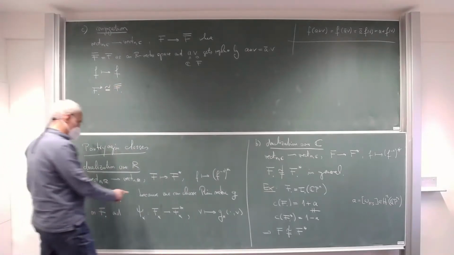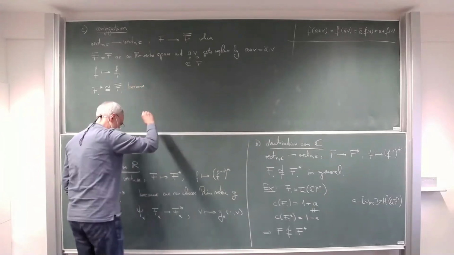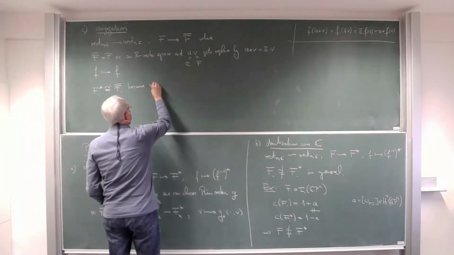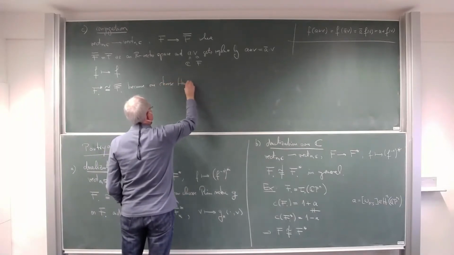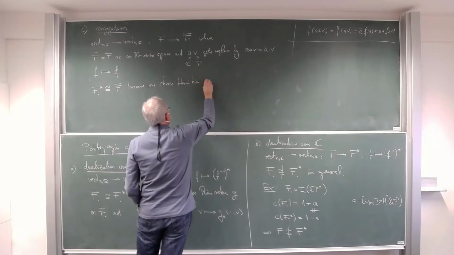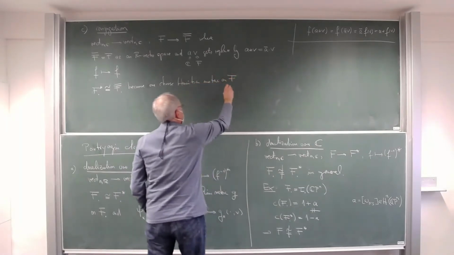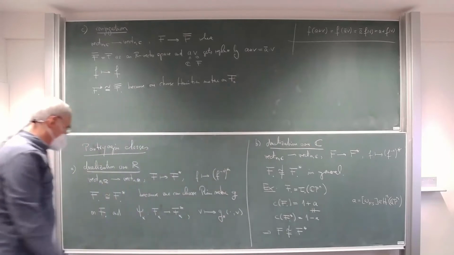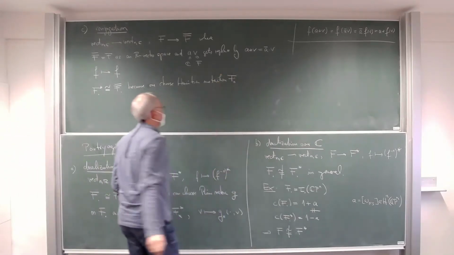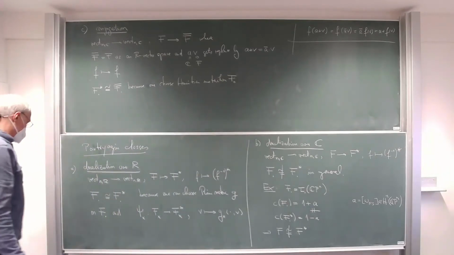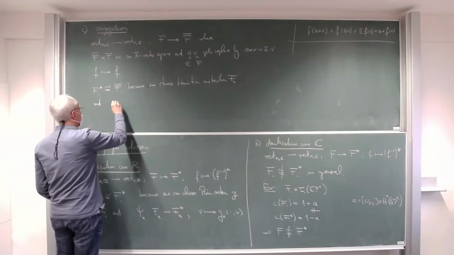And the argument is now similar as here, because one can choose a Hermitian metric on F using a partition of unity. Let me call this Hermitian metric H. And now the isomorphism is pretty much the same.